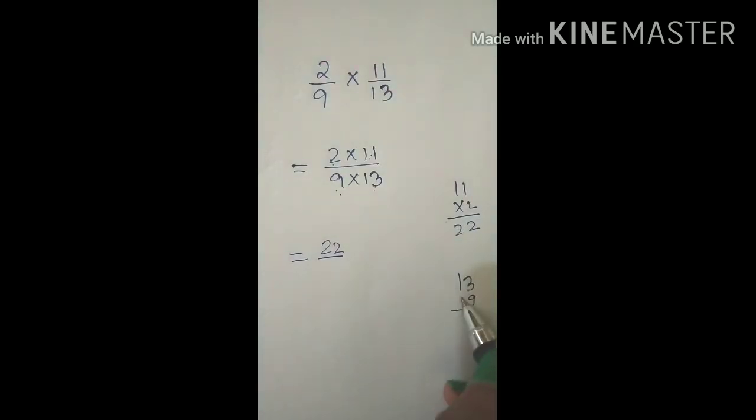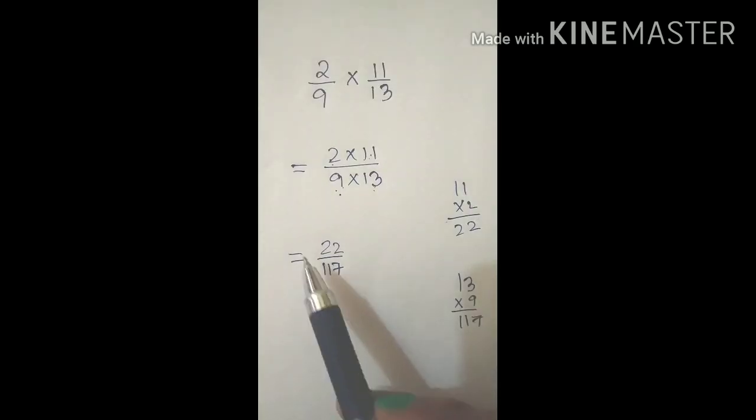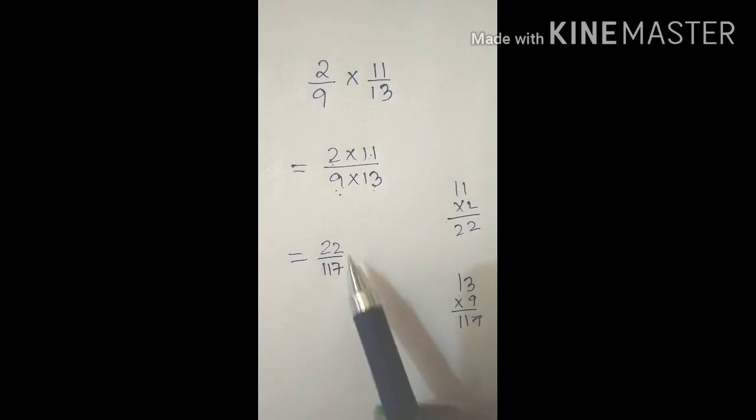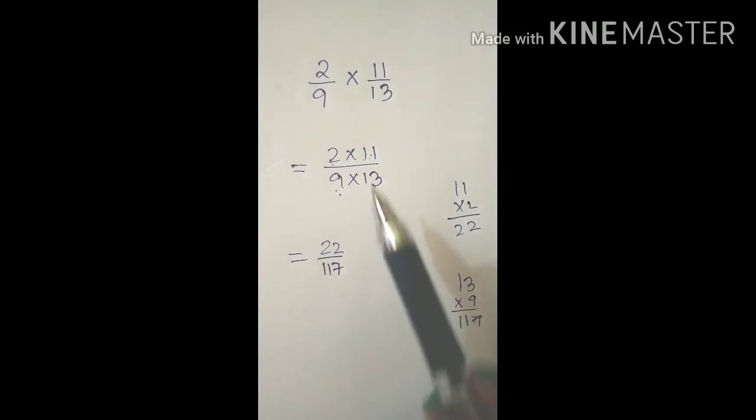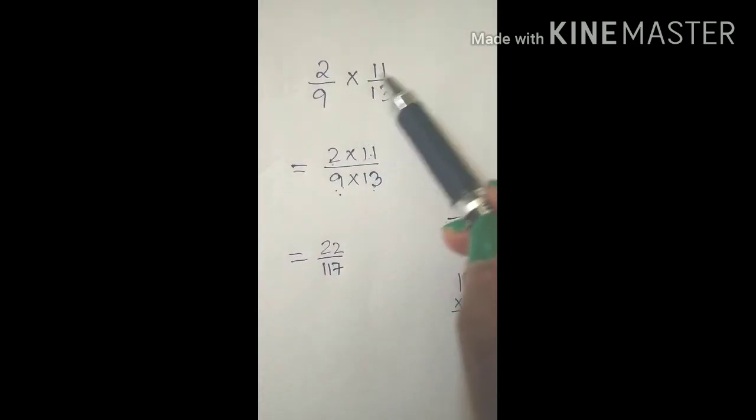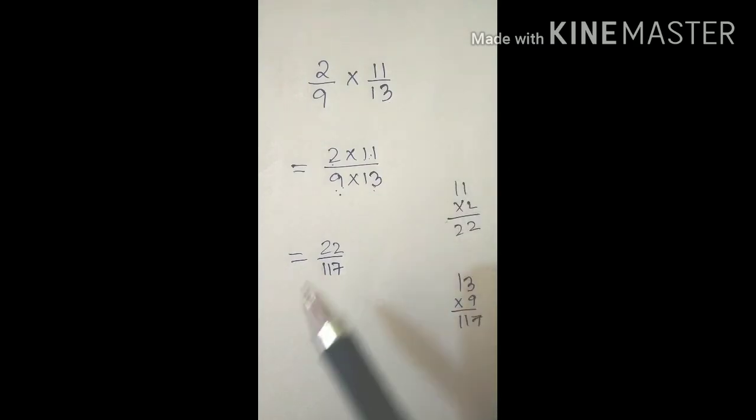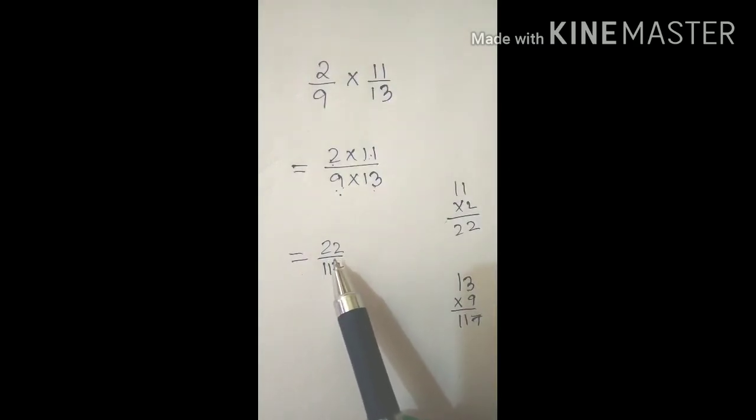So 13 multiplied by 9 will be 117. There is no common factor between 22 and 117, so it is in its simplest form. So 2 multiplied by 9 into 11 multiplied by 13 is equal to 22 by 117.